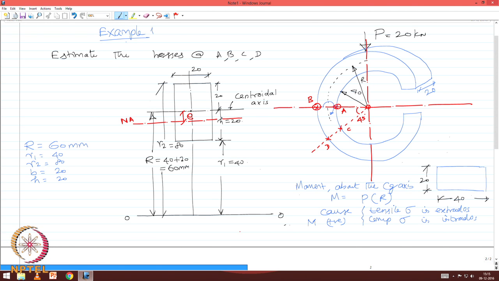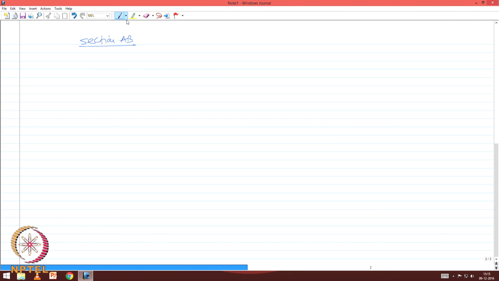Section AB is located as shown in the figure here. Let us say the direct stress will be P by A, which will be compressive, which will be minus 20 into 10 power 3 Newton by cross sectional area 40 into 20, which gives me minus 25 Newton per mm square.